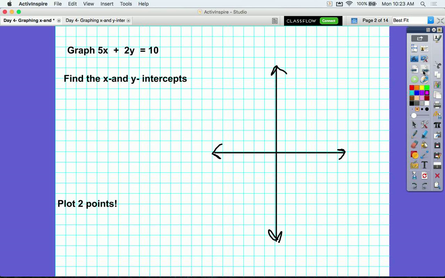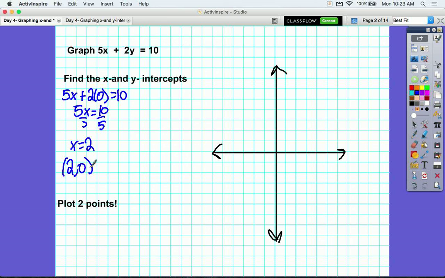All right, let's try one more of these practice problems. So we've got an equation 5x plus 2y equals 10. We're ready to find our x and y intercepts. So for my x-intercept, I've got 5x plus 2 times 0 equals 10. Simplifies to 5x equals 10. And there we have x equals 2. Again, 2, 0.